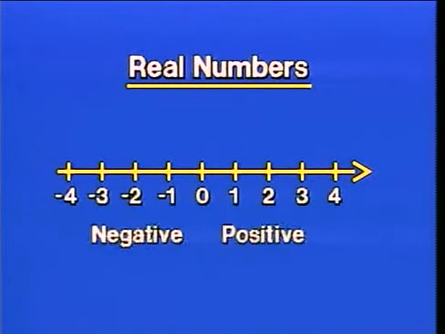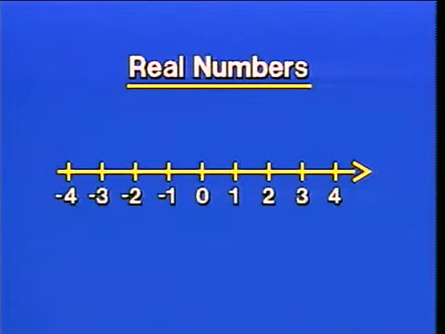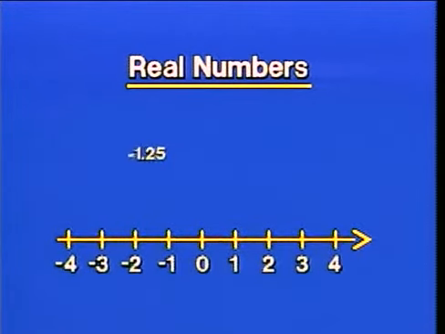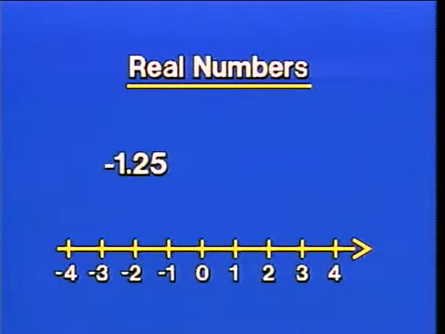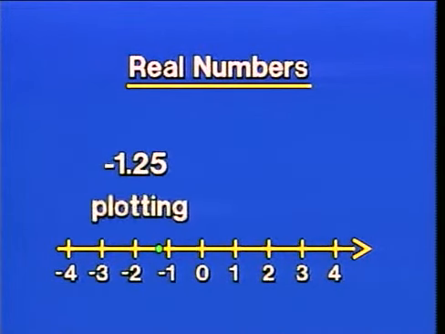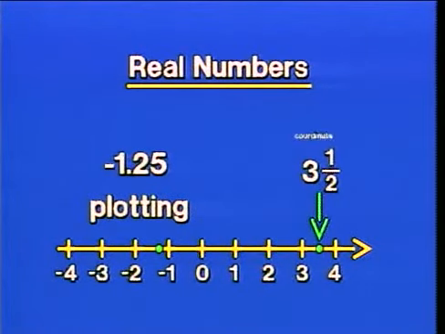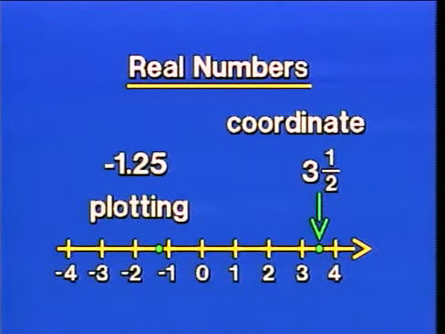Now, a notion related to this number line idea is the notion of taking a number like -1.25. Take a number and then find its location on the real number line. And in finding the location and marking it, we are plotting that point. Another idea is that given a point on the real number line, like this point, and calling it by name or naming its position is really naming the coordinate for that point.